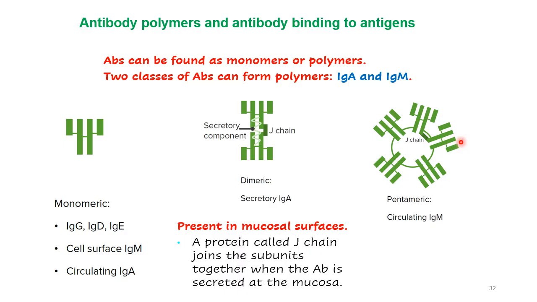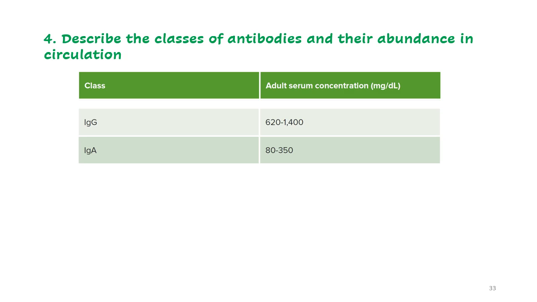These have 5 antibody molecules that join with one joining chain, and the dimers also join with the joining chain. The presence of this joining chain is what is important to allow secretion of the antibody across mucous membranes. So either you have monomer, dimer, or pentamer. All right, I'm going to stop here. We'll pick up from this slide.